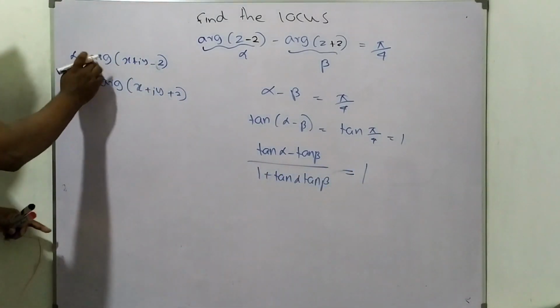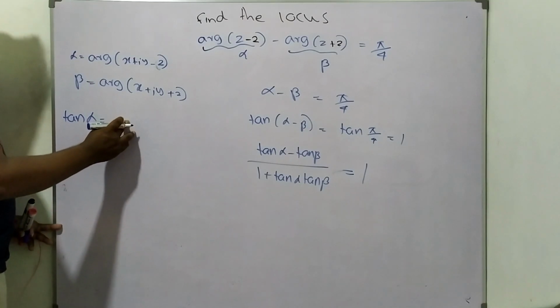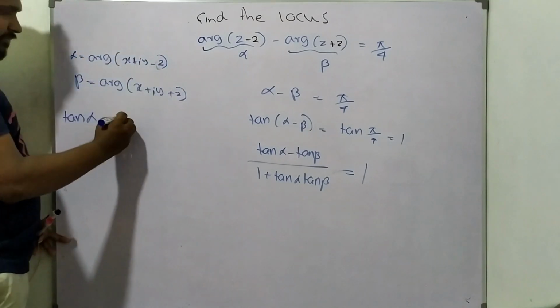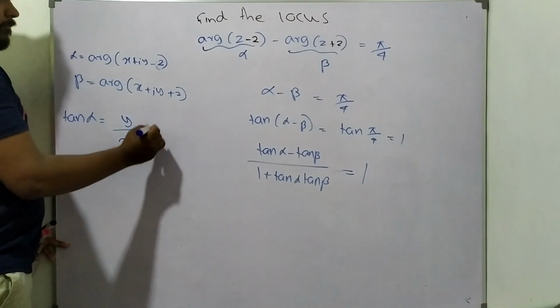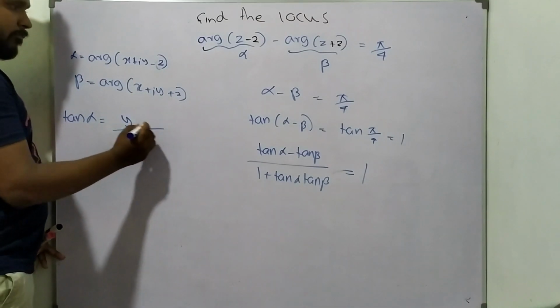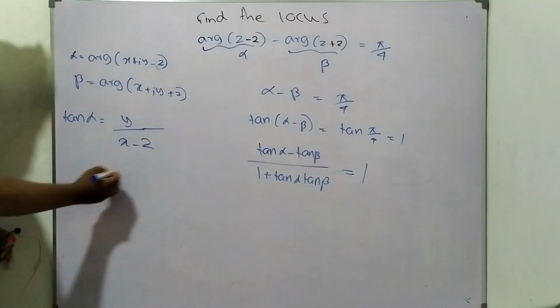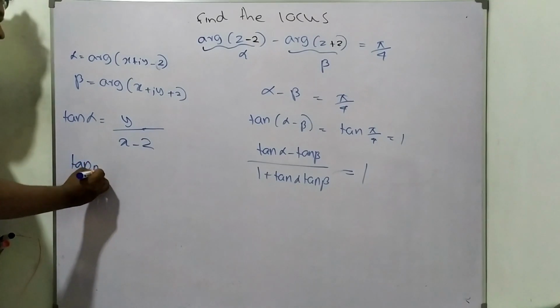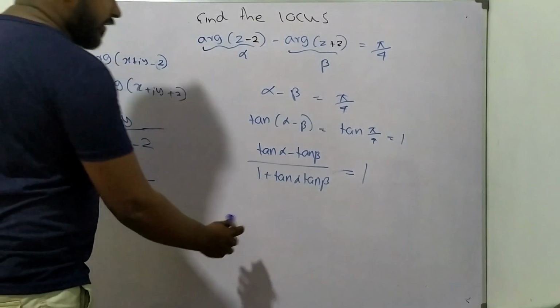So tan alpha becomes y over x minus 2, and tan beta becomes y over x plus 2. You can put it here.